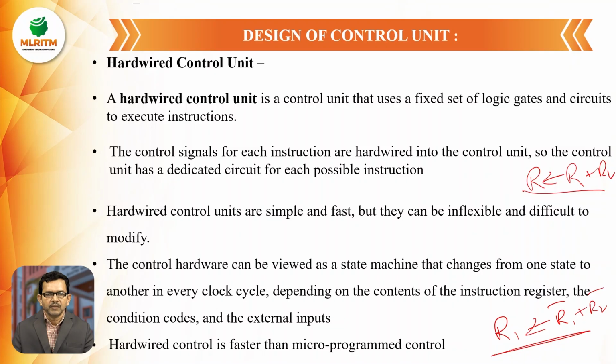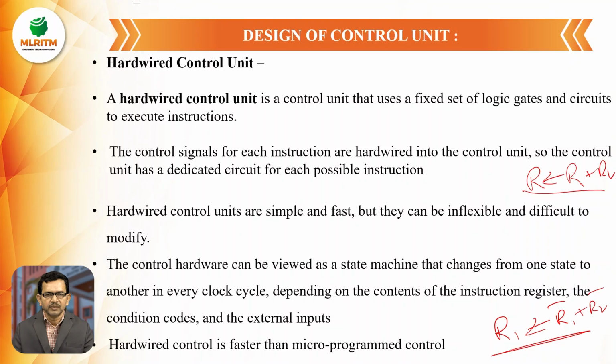So likewise, I should try to change the logic gates or the logic circuits whenever I change the instructions. This is a tedious process, but if I implement these logic gates or logic circuits when I am executing with the hardware components, the process is somewhat difficult, but the result execution is very fast.